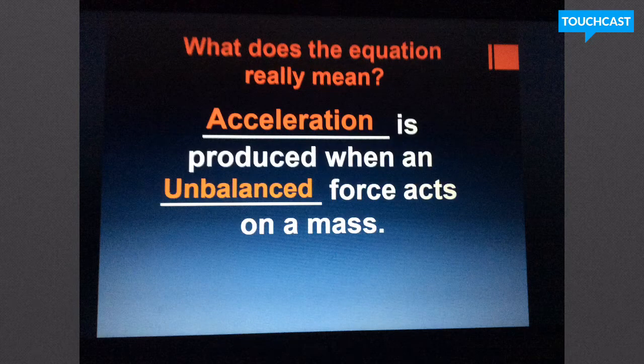Okay, so let's go to the next box, which says that acceleration is produced when an unbalanced force acts on a mass. So remember, acceleration is speeding up, slowing down, stopping, or changing directions. And that can only happen when you have an unbalanced force, which is something that changes the motion of an object, acts on a mass.